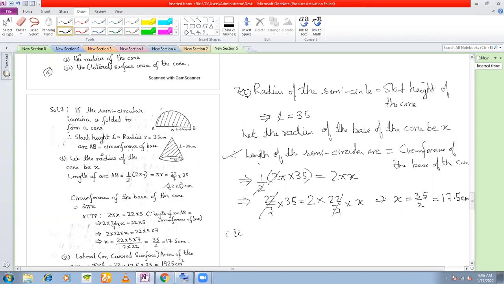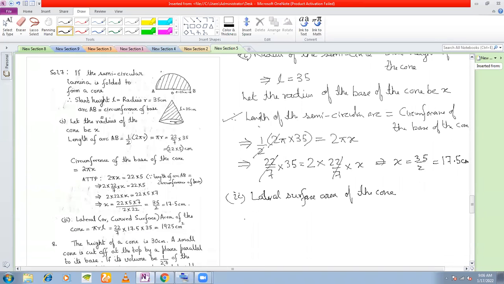The second part of the question is to find the lateral surface area of the cone. The formula is pi RL, but R here is the radius of the cone, which is x. So we write pi xL, which is equal to 22 by 7 into x.